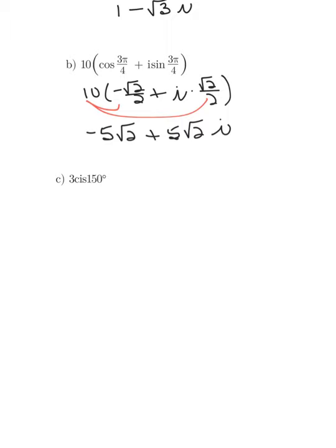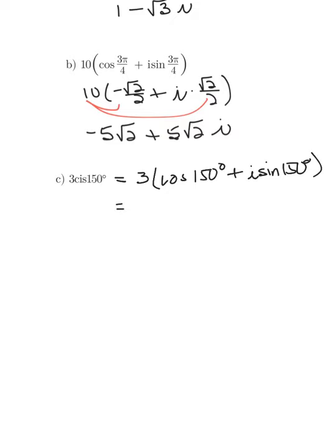So what you need to recognize about this is that this is equal to having the 3 out front, and then inside your parentheses you have the cosine of 150 degrees plus I times the sine of 150 degrees. Now the problem is exactly like the others.